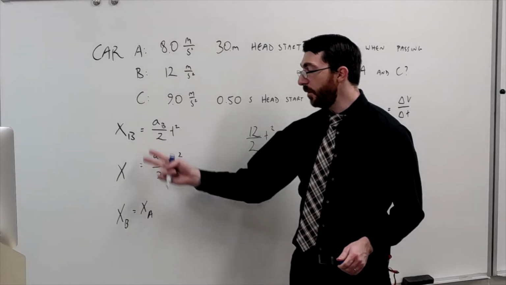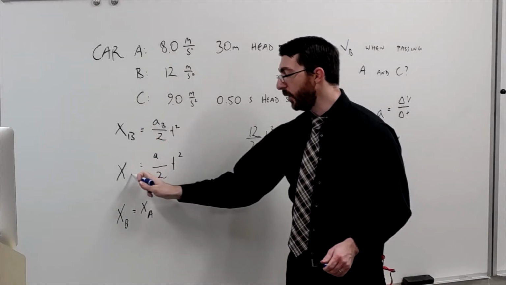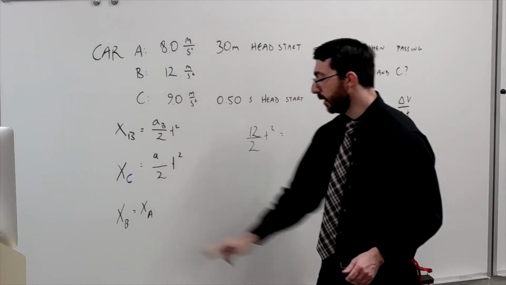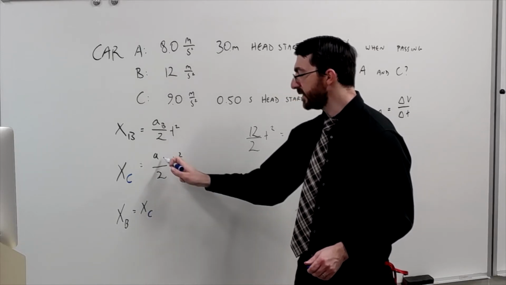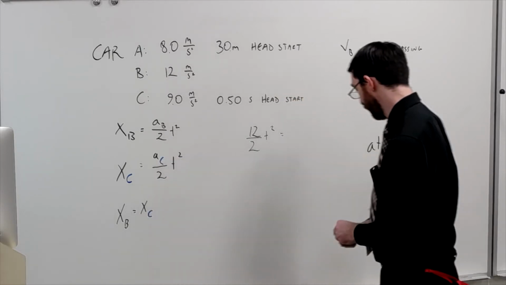Still I'm dealing with car B, but instead of car A, I'm going to be doing car C. Forgot one. And this would be the acceleration of car C.